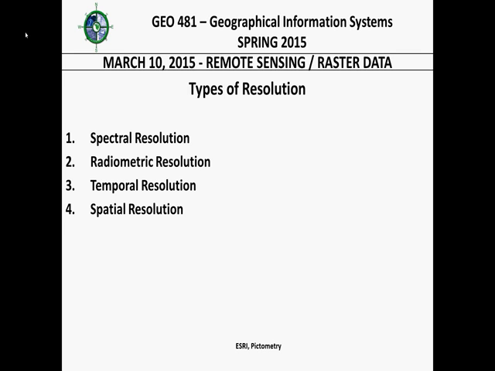So how would we measure the accuracy of remote sensed raster data? Well, there's 4 different ways. And accuracy, maybe there's a better way to put it. Measuring the accuracy and measuring the breadth or scope of what is being measured. And there's 4 different resolutions that I'm going to talk about now in remote sensing raster data.